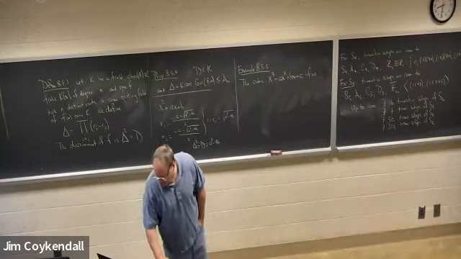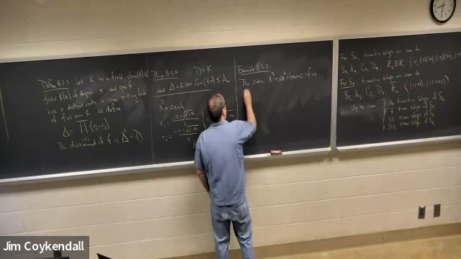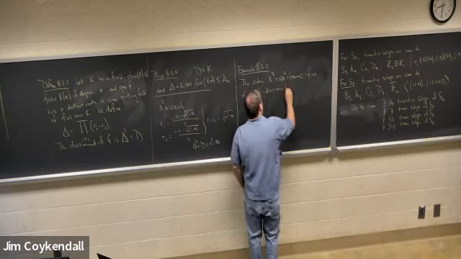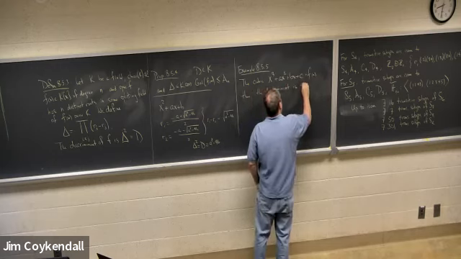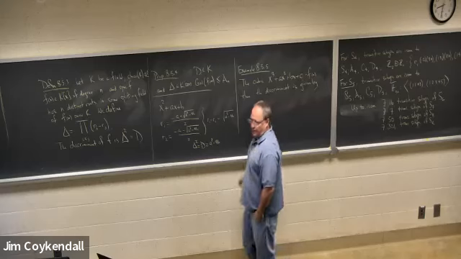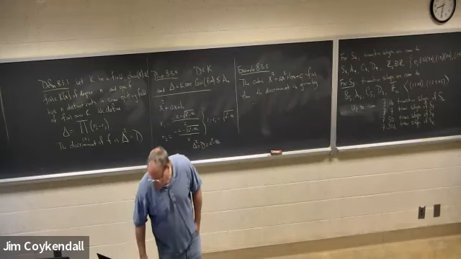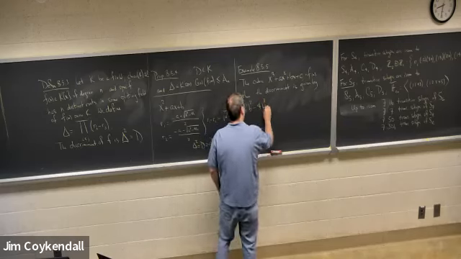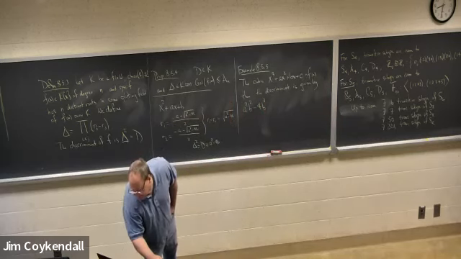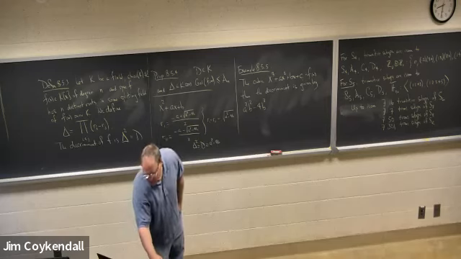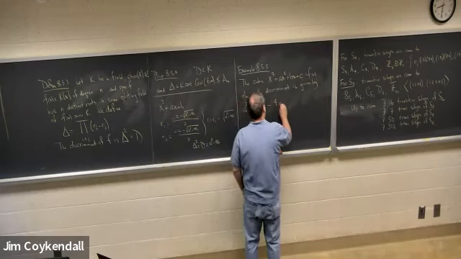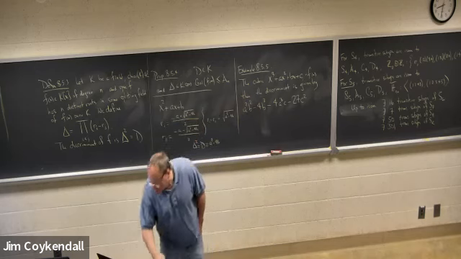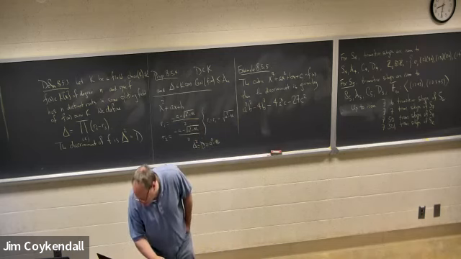the discriminant is given by, let's see if I get this all right here: a squared b squared minus 4b cubed minus 4a cubed c minus 27c squared plus 18abc.